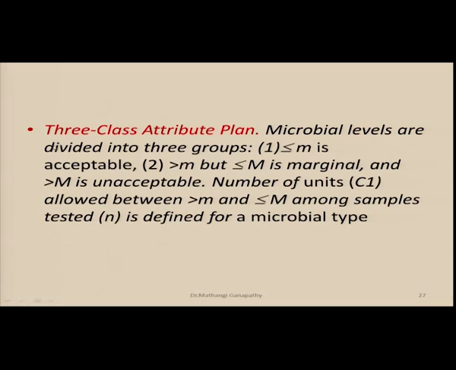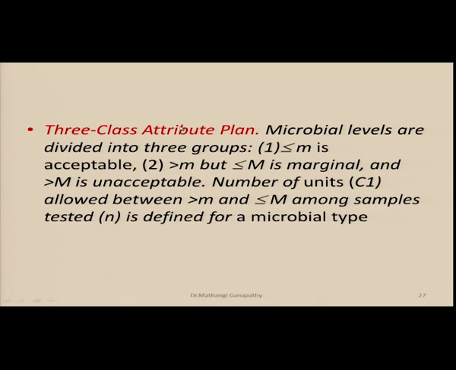If it is above the acceptance level, you do a second sampling. Then you analyze the defective units to decide whether to accept or reject. So you already have a baseline: if it is below this, I can accept; if it is above this, I will do a second testing or a third testing. Then if in all these it is above, I will go and reject the particular sample concerned.